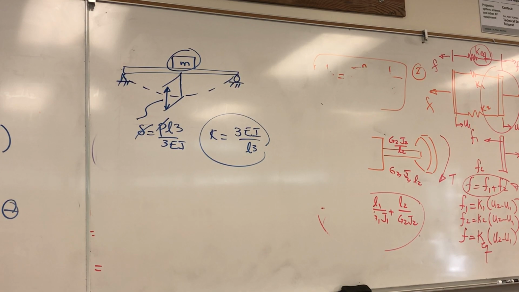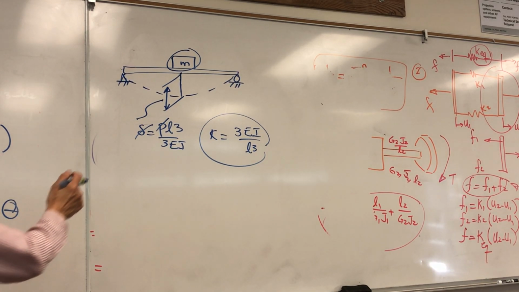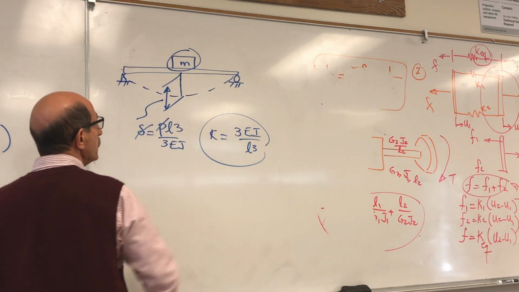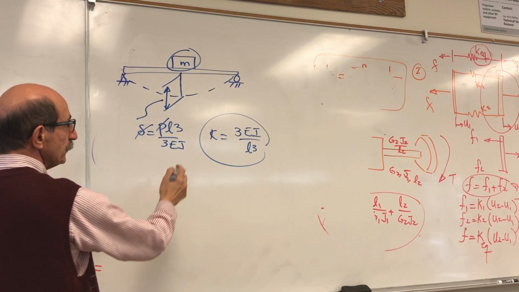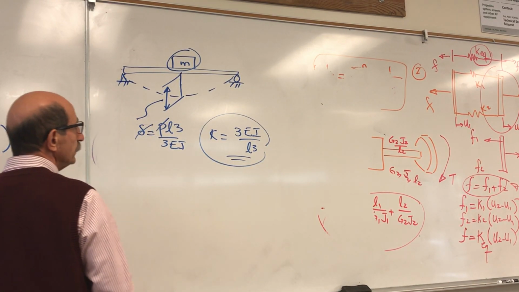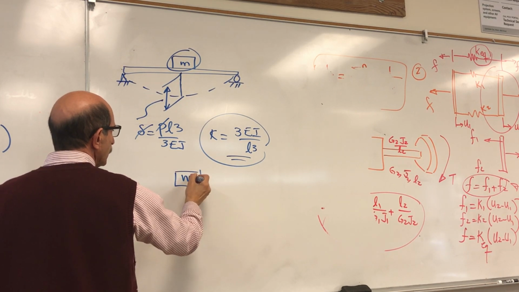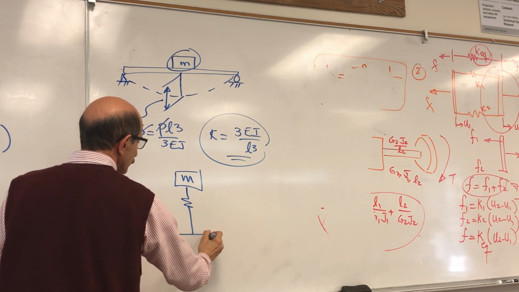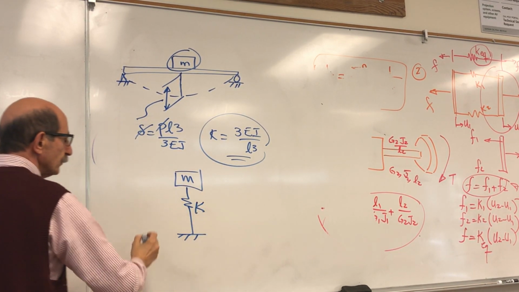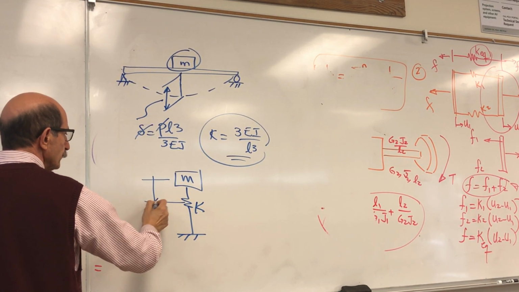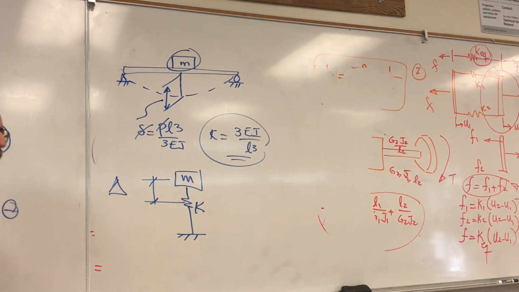Then the second part is asking how much is the displacement due to this mass. If this is the stiffness, you just have a mass and you have this stiffness, you want to know how much is this displacement, delta.